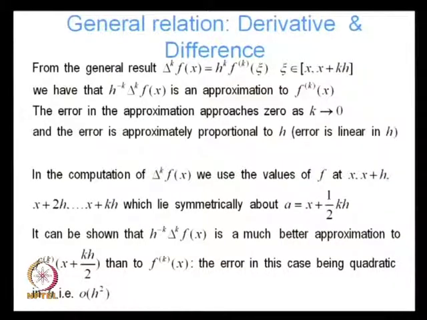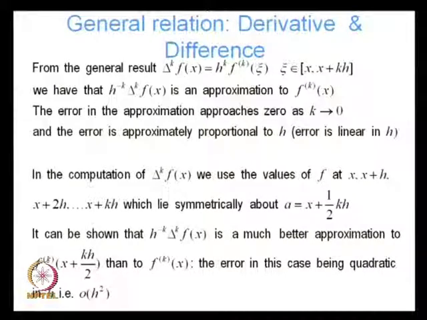That is because it turns out that the error in this case, instead of being linear with the step size, is actually quadratic with the step size, if I am evaluating it at the midpoint. So the difference is much closer to the derivative at the midpoint than at one end of the interval.